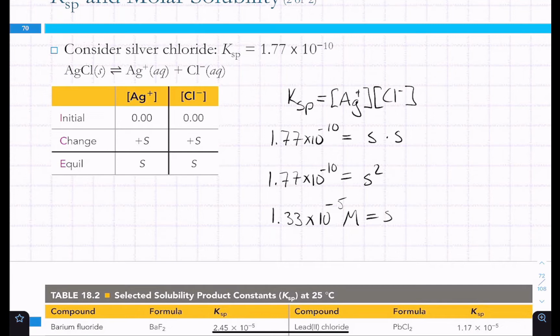So that's our molar solubility. Easy enough, right? Always starts out easy.